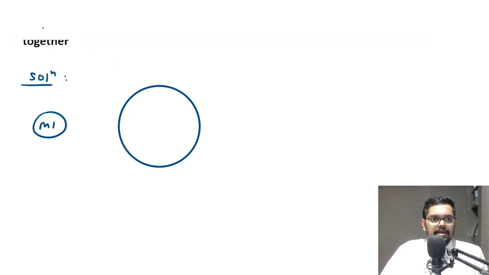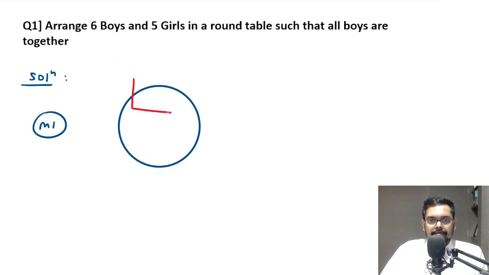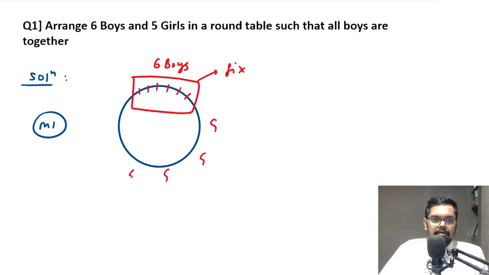Since we have 6 players, we'll fix 1 player. Let me fix 1 player. So who is that player you are going to fix, sir? I'm going to fix the boys, B1 2 3 4 5 6. Treating the 6 boys as 1 player, I'm going to fix them. Then the girls can sit anywhere, 1 2 3 4 5 here.